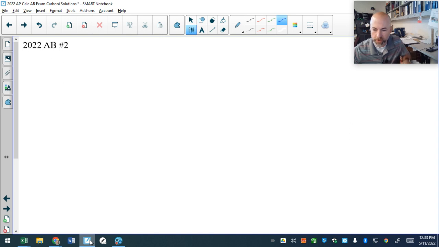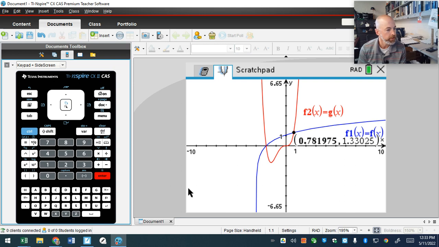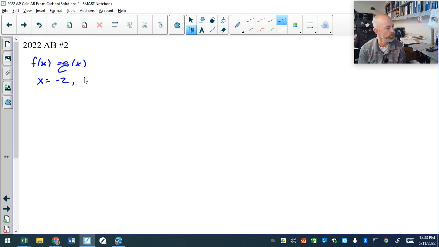So I'm going to go to my calculator now, and I'm just going to do a little bit of work here. I'm going to make a note that f of x is equal to g of x at the x values of -2, which was given, and the other one was 0.782. And I'm going to make a note that that is stored in my calculator for B. They also define that in the problem as B. And the area between those two curves, the top curve is the natural log graph, which is f of x.